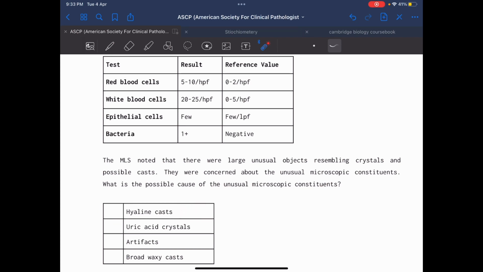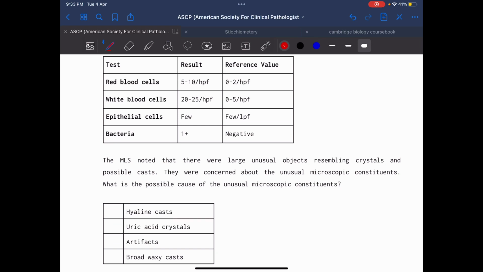Hyaline casts, uric acid crystals, artifacts, broad waxy casts. There are unusual objects resembling casts. So, what is the possible cause of unusual microscopic constituents?